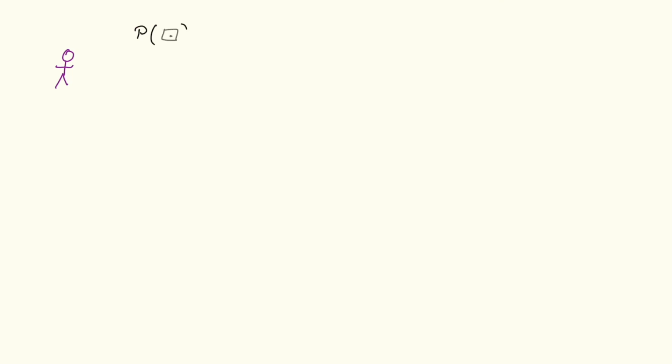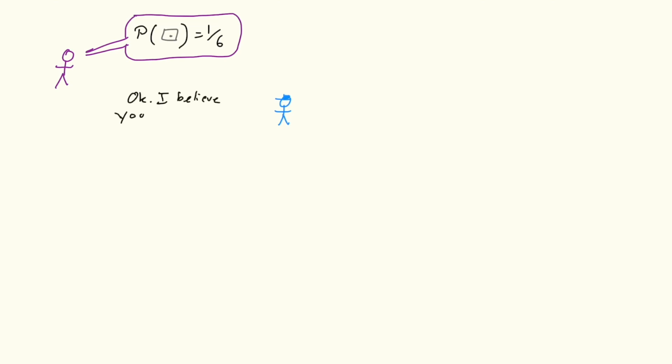So your friend says, "The probability of rolling a 1 with my die is 1/6, since it's a fair die." And you don't really believe them because you know they like to twist the odds a little bit in order to win. But you're willing to play devil's advocate. So you say, "Okay, I believe you for now."